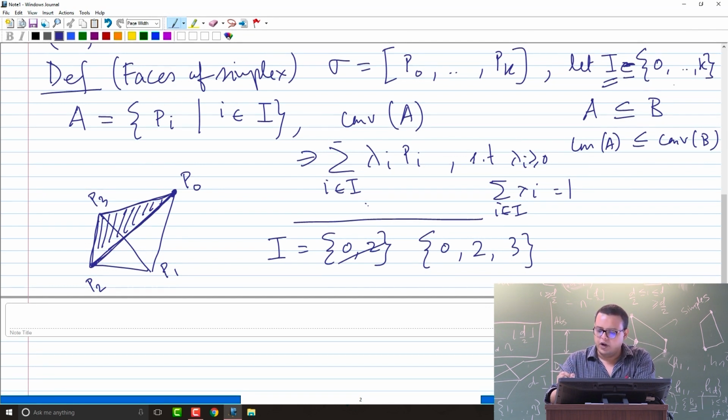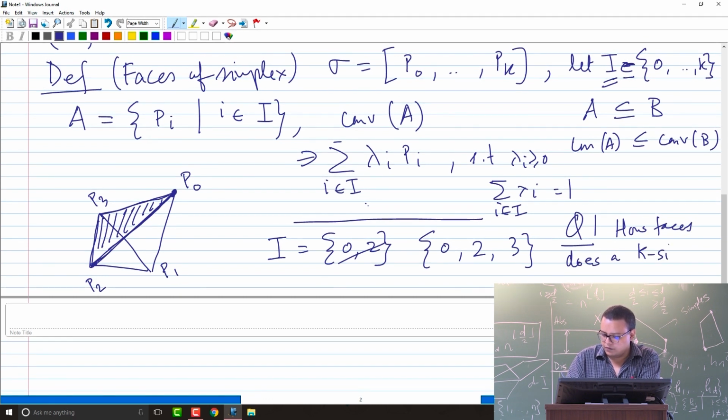So I has to be non-empty. It is a subset of 0 to k, and I is non-empty. So how many faces will this simplex have? This is a question. When you go back, check how to answer this. How many faces does a k simplex have?